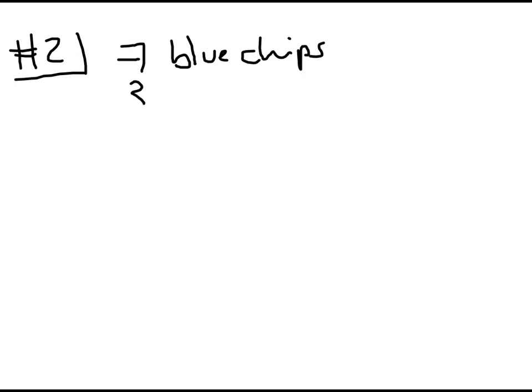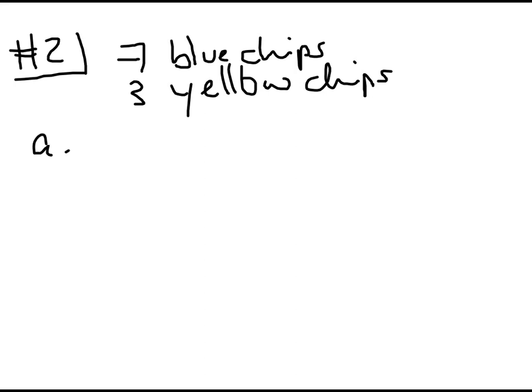Problem number 2. An urn contains 7 blue chips and 3 yellow chips. If the drawing of chips is done with replacement, determine the probability of A, drawing 3 yellow chips.